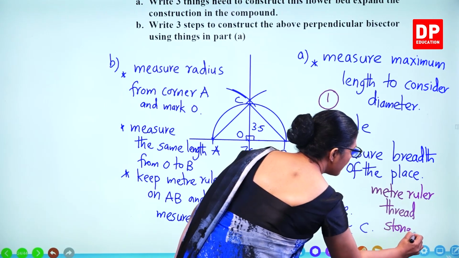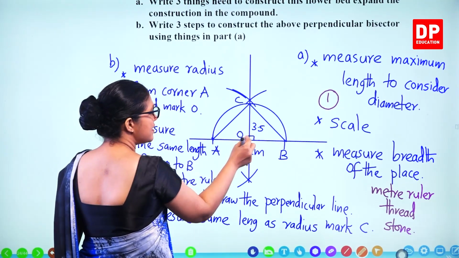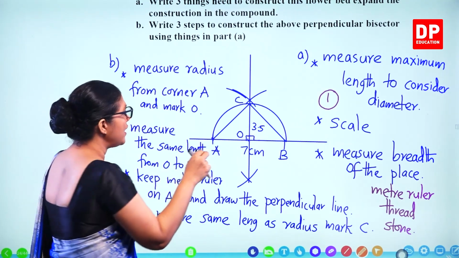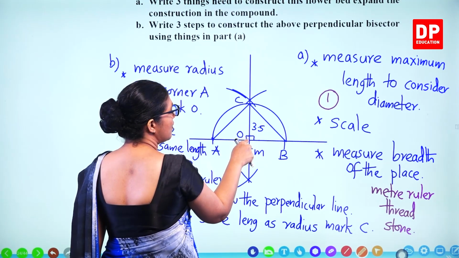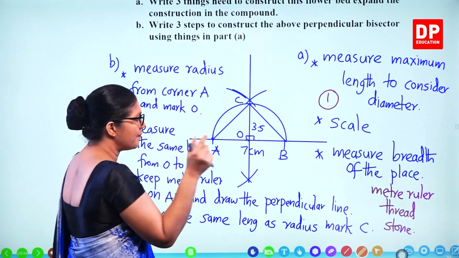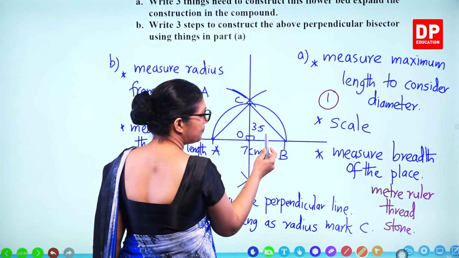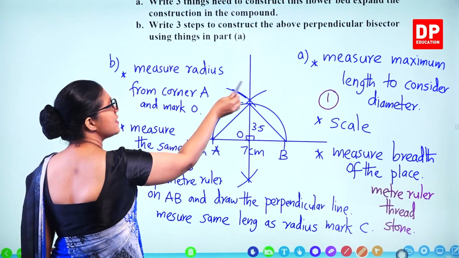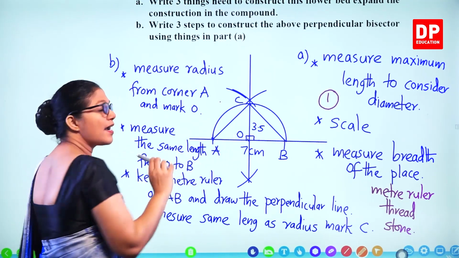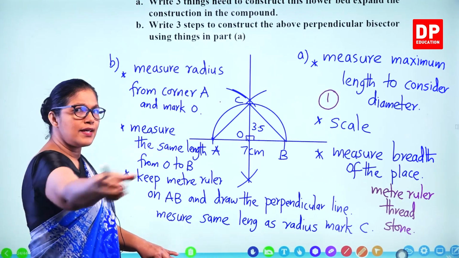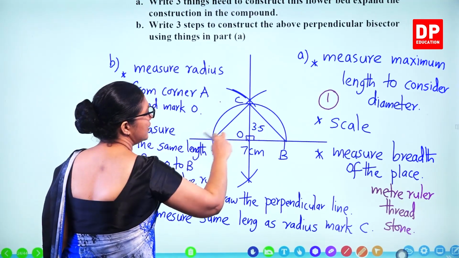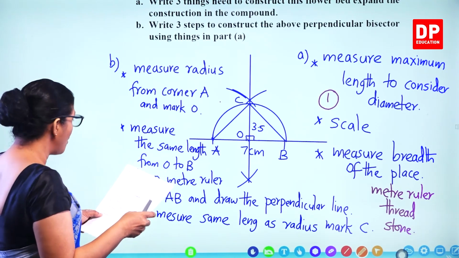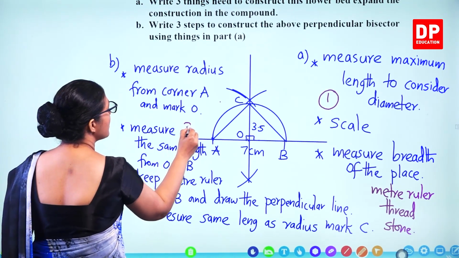After you measure these lengths, you can keep one end of the string on top of the O point and keep the stone here, and you go straight away to the other side. So you can draw this arc nicely with the stone and the string. So you go round here. So stone, thread, meter ruler, you can do that. So this one, 3 marks you get.